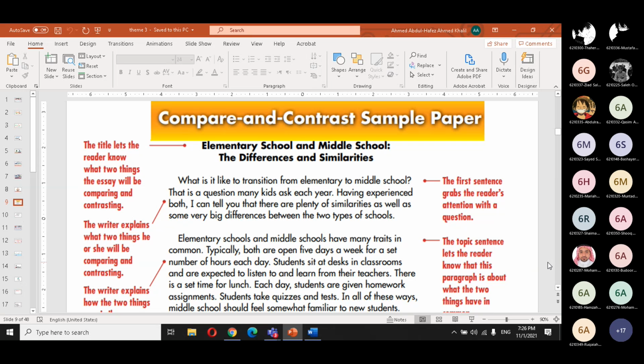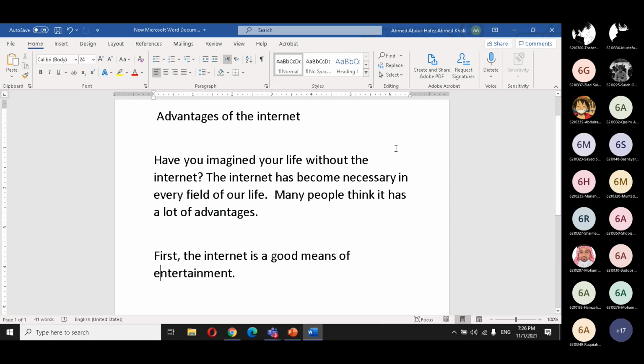What I explained just now is very important for writing. So just keep in mind always how to organize your writing. If you are writing an essay or something like that, it should be like this.